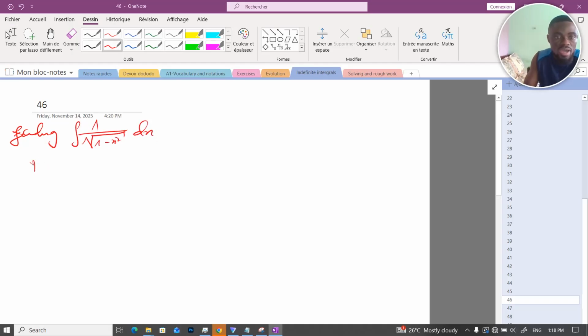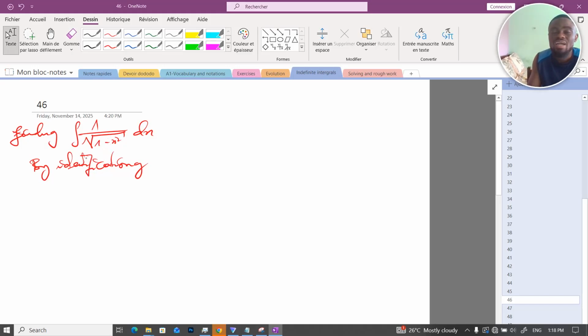So by identification, I told you, if the exercise consisted of finding this only, or proving it, you would let sine theta be equal to x, because the substitution here will be sine theta equals to x. You understand?